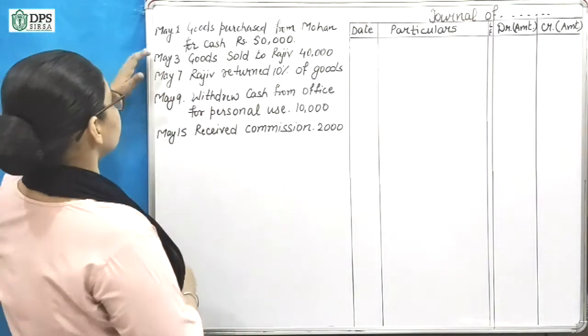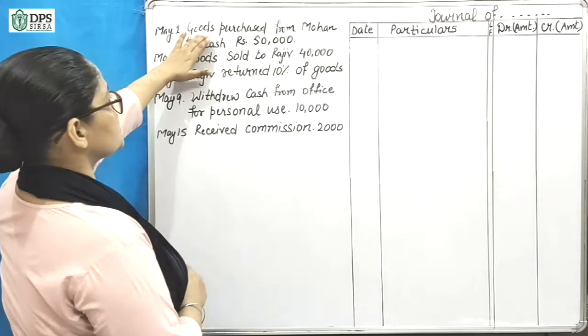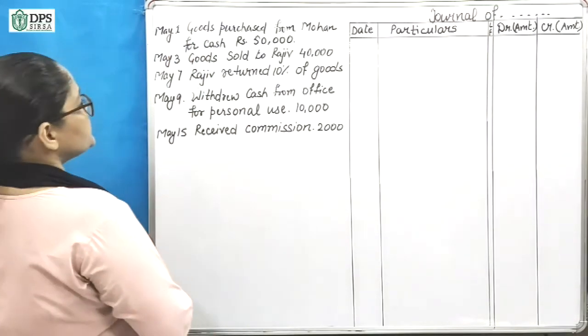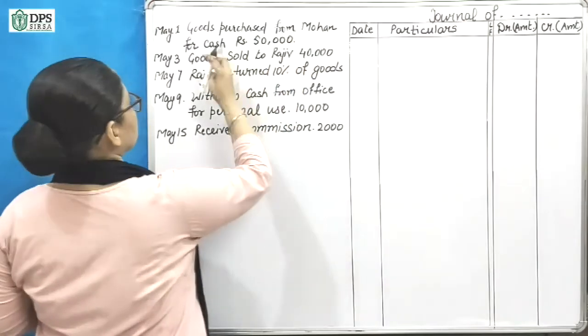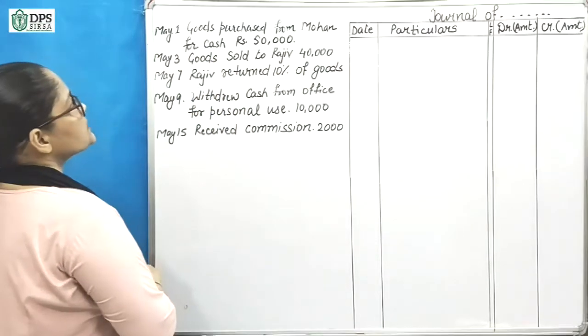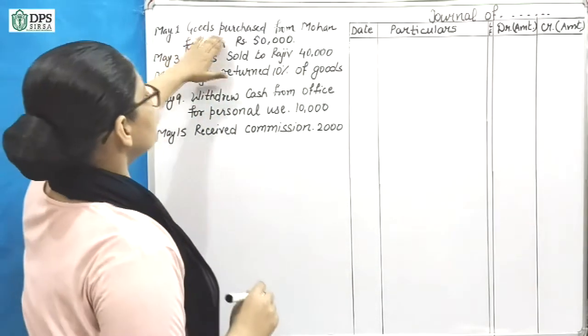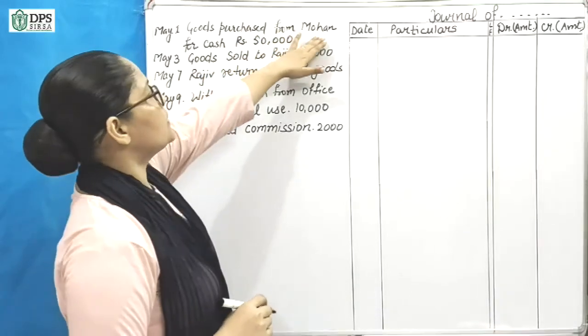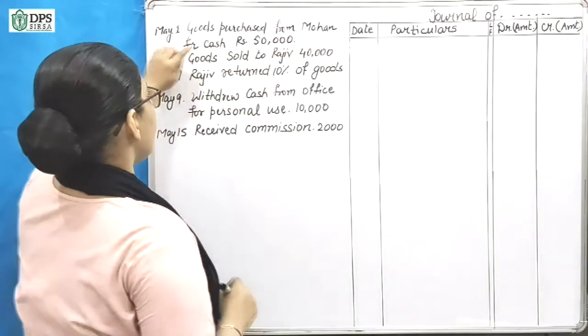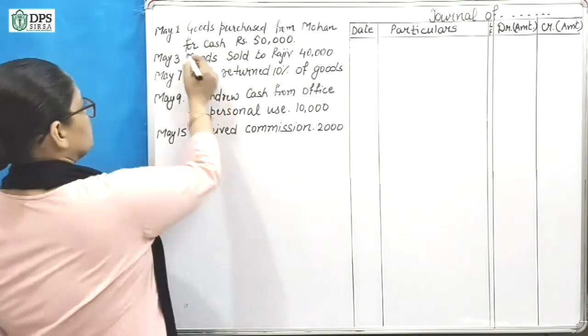So the first entry is the transaction given over here. Goods purchased from Mohan for cash, rupees 50,000. So goods are purchased here from Mohan. The name is given, as well as "for cash" is given.